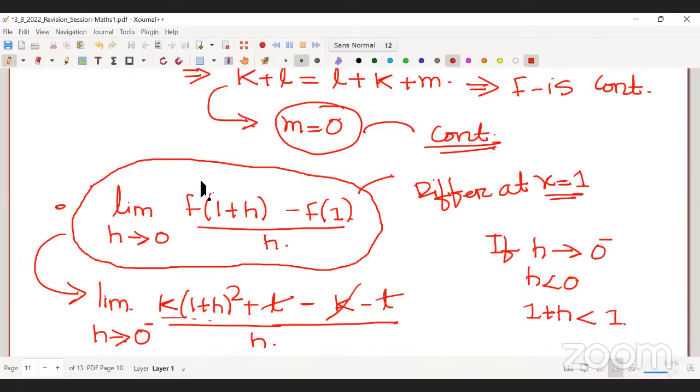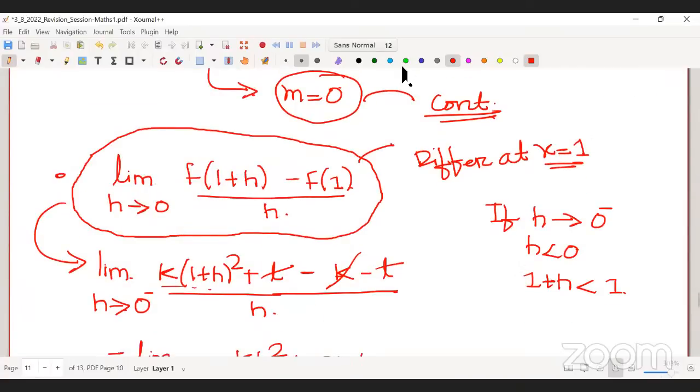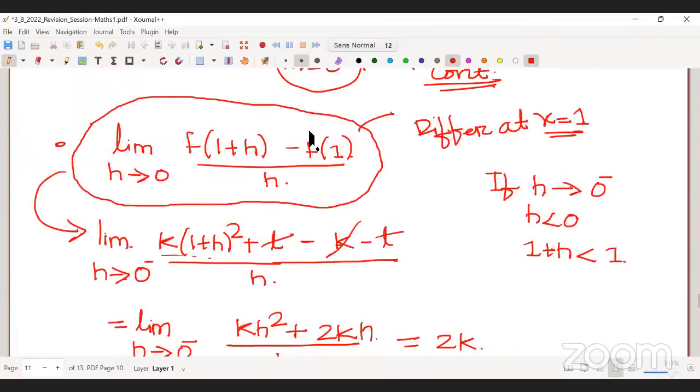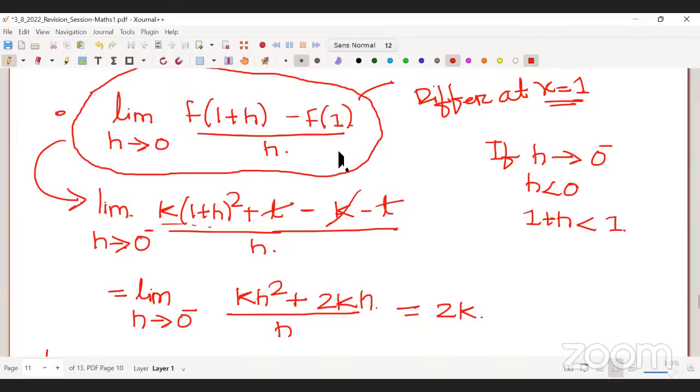Yes, sir. I have a doubt about the 2K, sir. How does the value become 2K? For a limit you need to compute two cases, the left hand limit and the right hand limit.